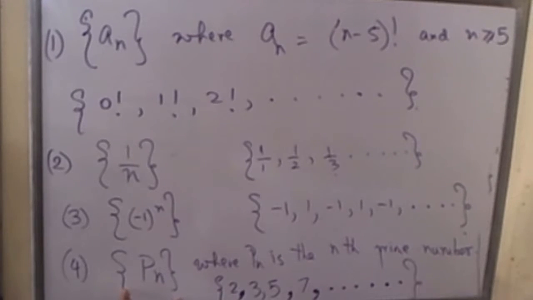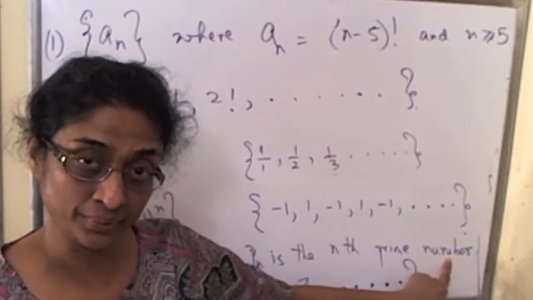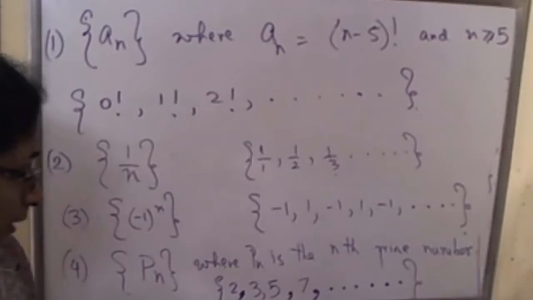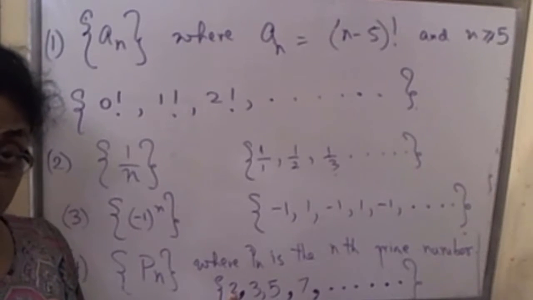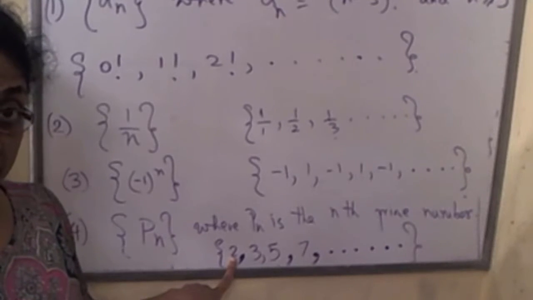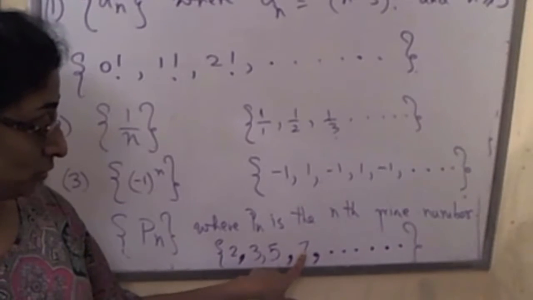So here I have a sequence p sub n, where p sub n is the nth prime number. If I start writing them out, 2 is the first prime number, the smallest prime number. Next one is 3, next one is 5, next one is 7.